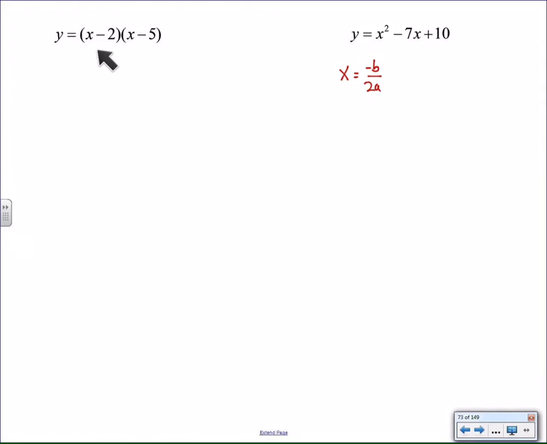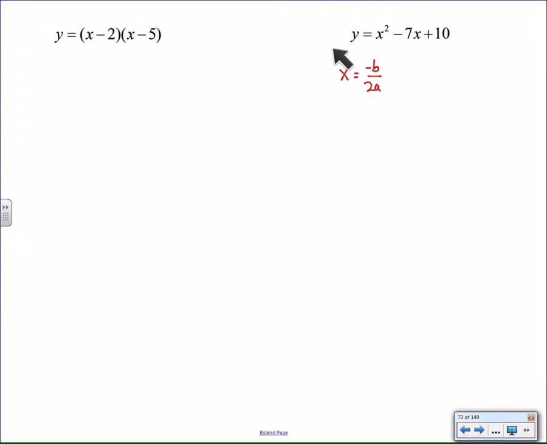I'm going to look at these two functions side by side, and I would like to make the observation that the only way I could possibly fathom solving this standard form equation when I let y equal 0 for the x-intercepts is by finding vertex form.